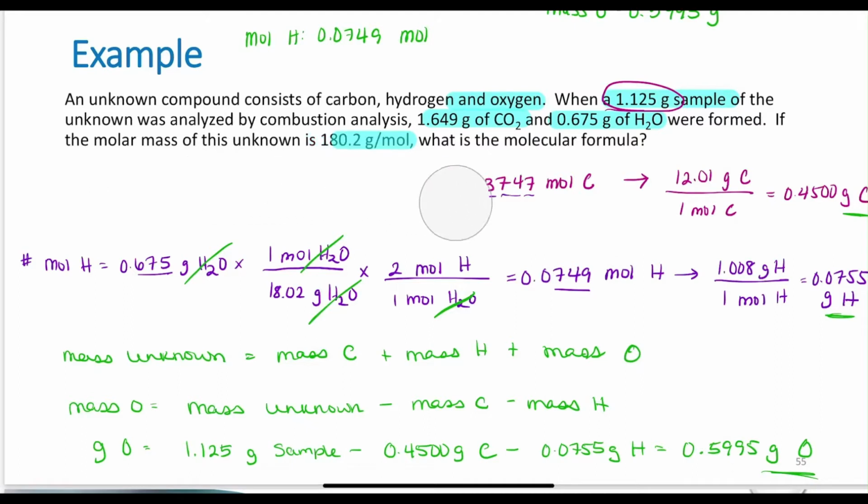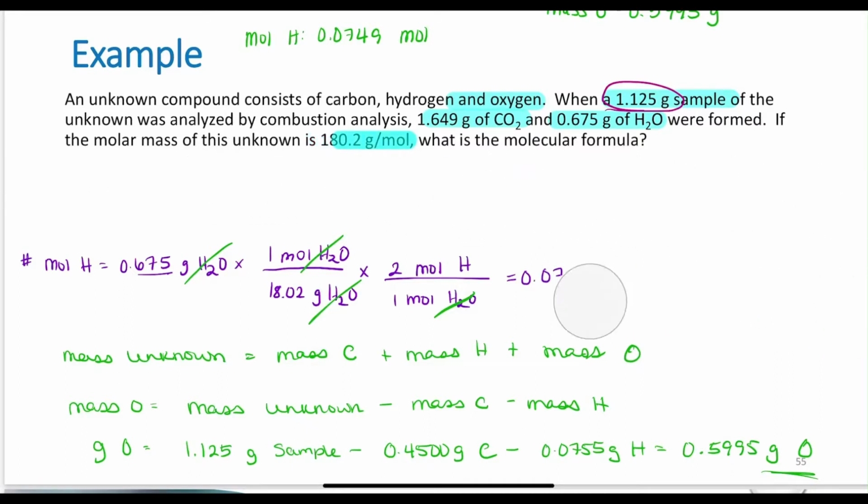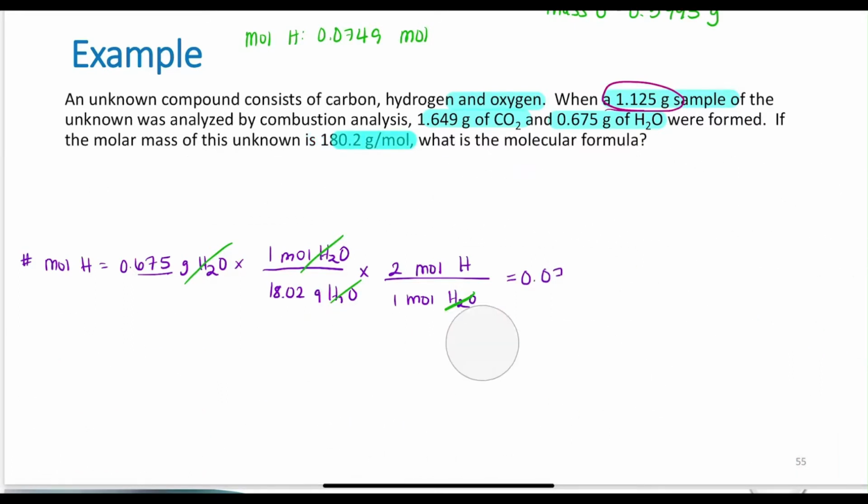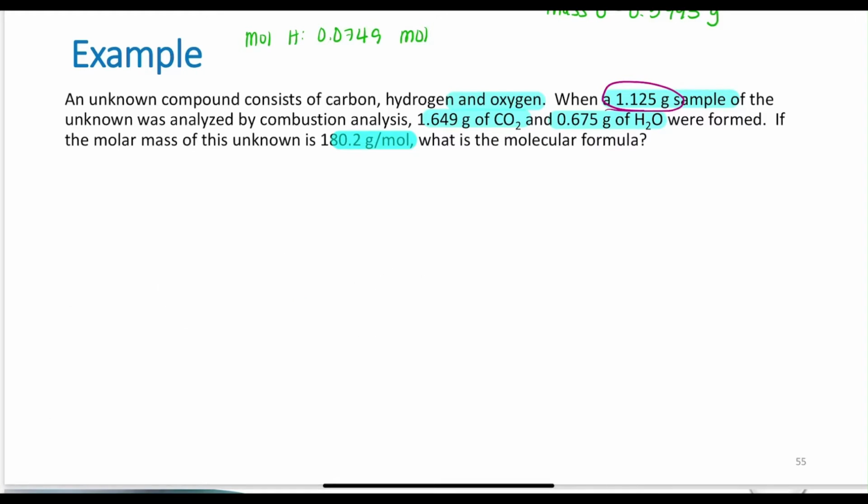The rest of this I'm going to erase because it's no longer needed to solve the rest of the problem. I needed it to get here, but I don't need it for the rest. So I do need to know my number of moles of oxygen. I know I have 0.5995 grams of oxygen. So convert this to moles of oxygen.